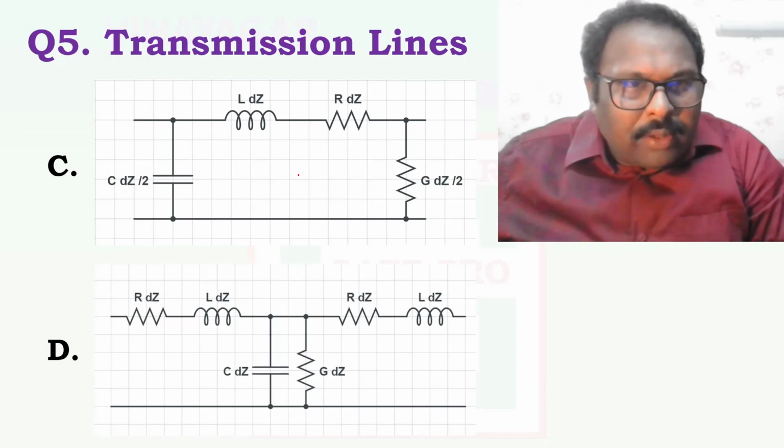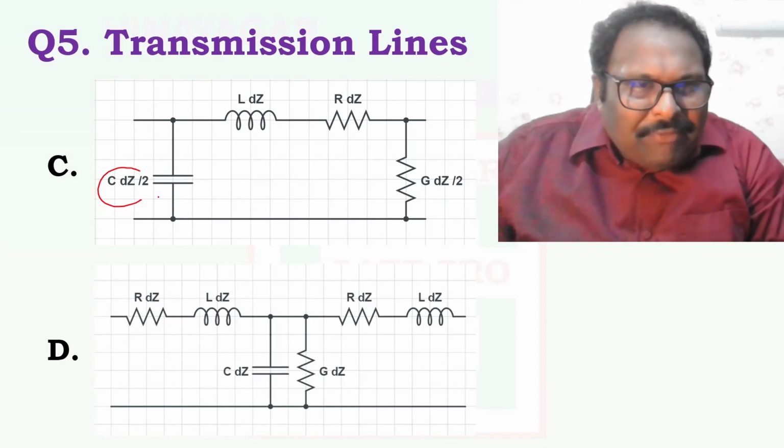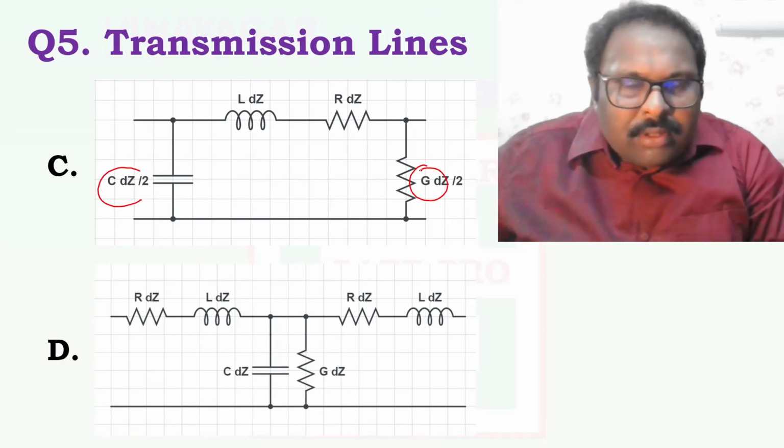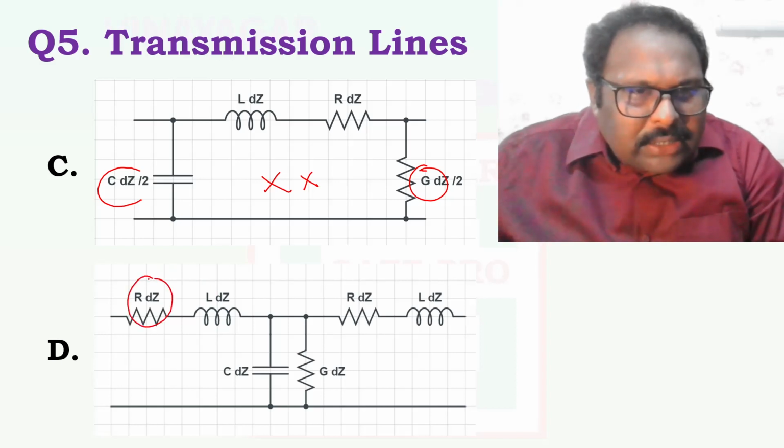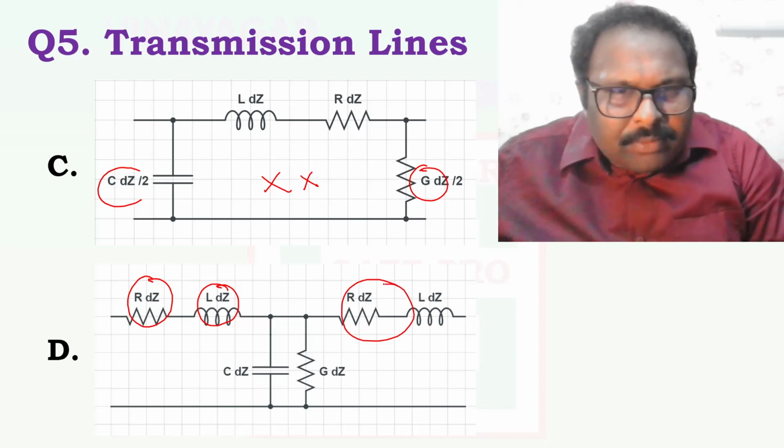Option C is wrong, because they're taking these two half only. This should be full. G into delta Z, G into delta Z. So this is wrong. Now this one is also wrong. Why? Because R into delta Z, L into delta Z is repeated here again.